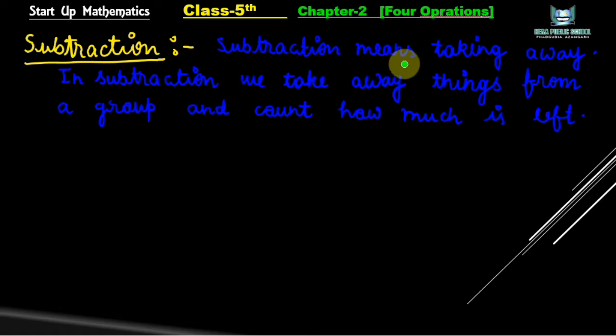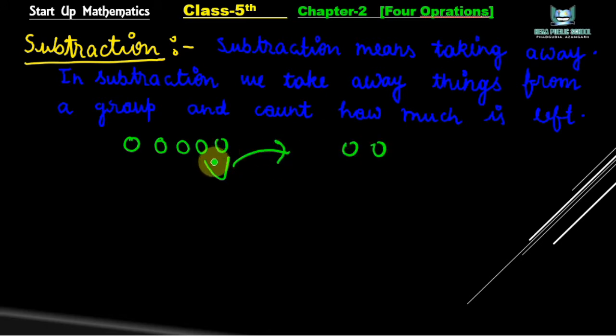Subtraction means taking away. In subtraction, we take away things from a group and count how much is left. Generally we take the things and count how many objects are left. For example, suppose you have 5 marbles and your brother has taken 2 marbles.